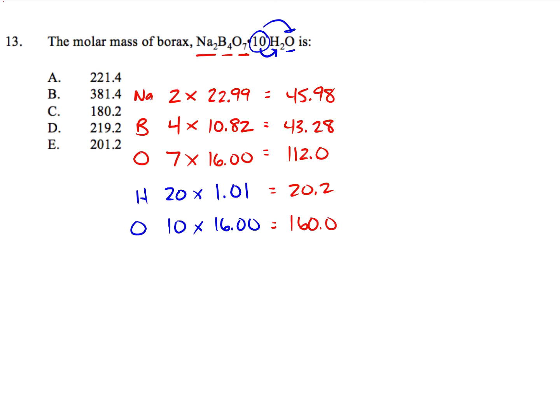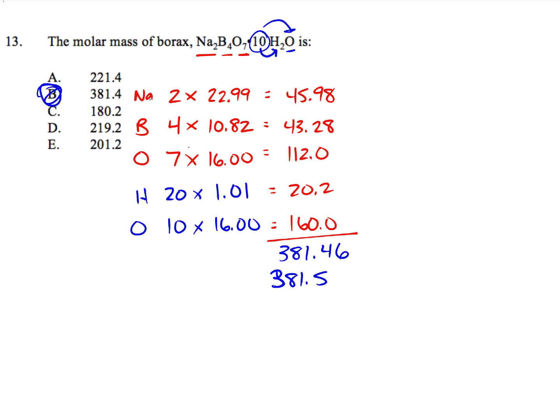So then we just add all of these up. I get 381. I'll cut my decimal off after one place. 381 point. My calculator I actually have 46, so this would round to 381.5. I think B is the correct answer.